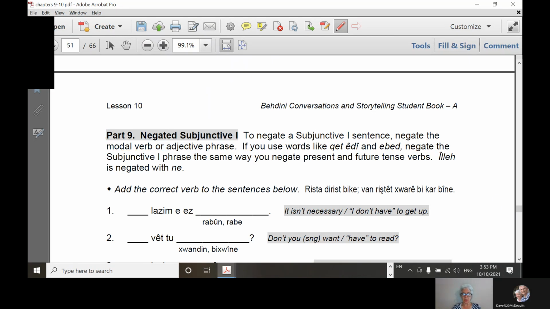Now you can also use words like pat ad and abat. And if you use words like that, then you negate the subjunctive I phrase the same way you would negate present and future tense verbs. Ila is also negated with na.